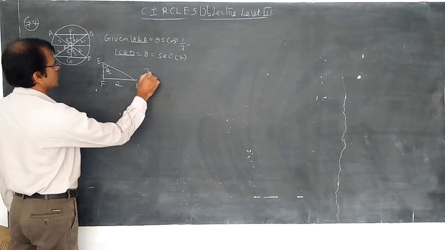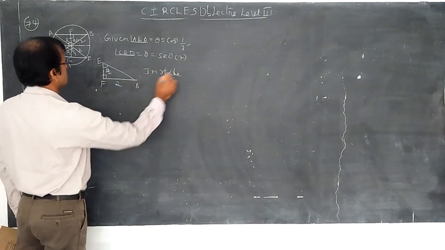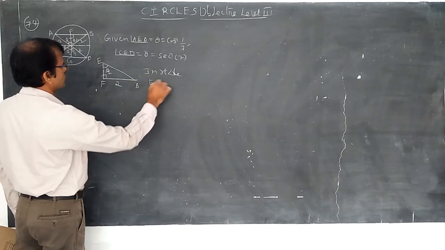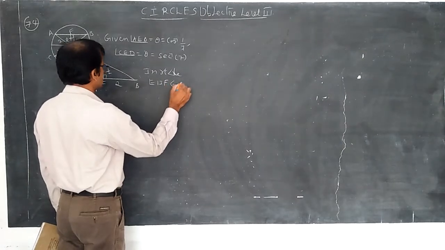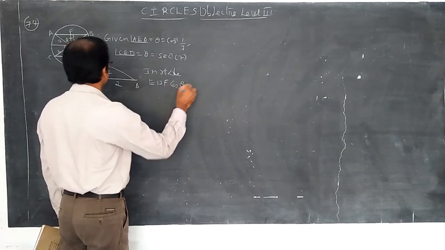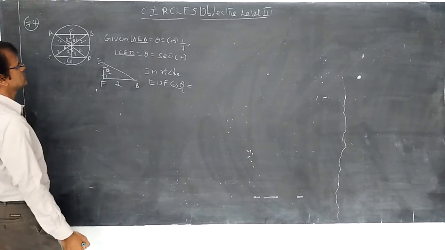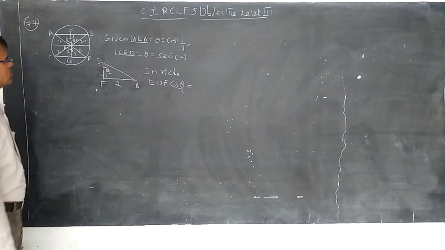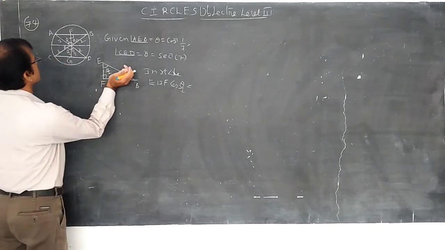Now in right triangle EBF, cos theta by 2 is equal to adjacent side by hypotenuse. Adjacent side EF by hypotenuse EB. EB means 2 here, not FB.